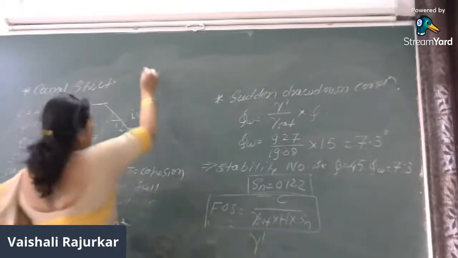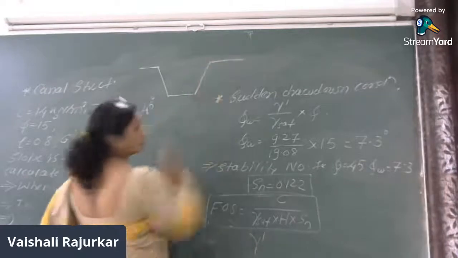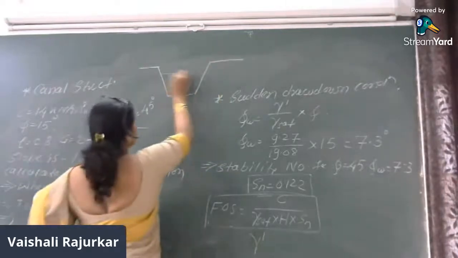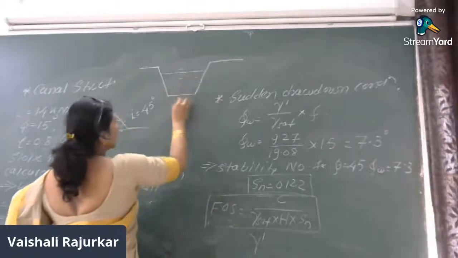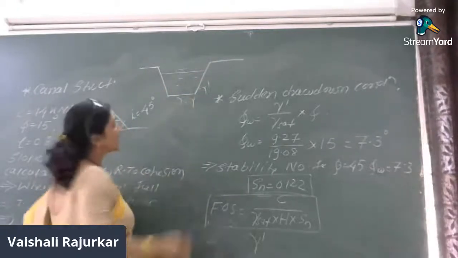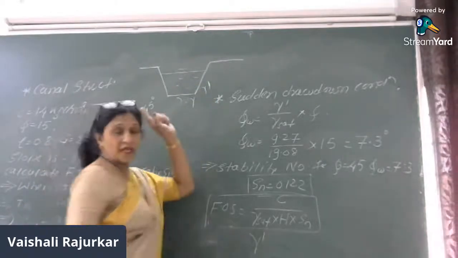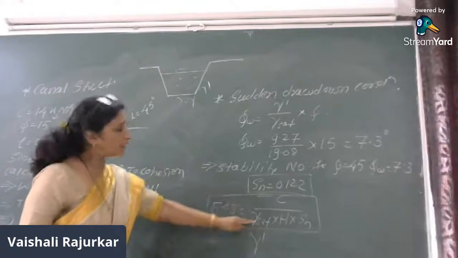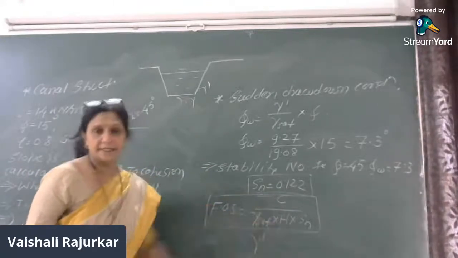So if your canal runs full, meaning the water table is above the soil, this is the gamma submerged condition. Therefore, when we calculated the factor of safety, we considered gamma submerged multiplied by H multiplied by Sn.